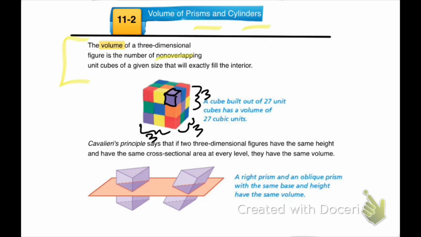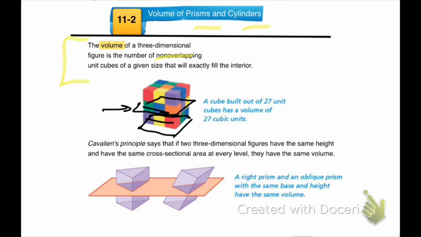Well, I know that the inside of a Rubik's Cube is not completely filled with cubes, but if I were to look at each individual cube, on the bottom I have a total of 3 by 3, so that gives me 9. On my second level, I have another 3, 6, 9, and then my top level here, 3, 6, 9.